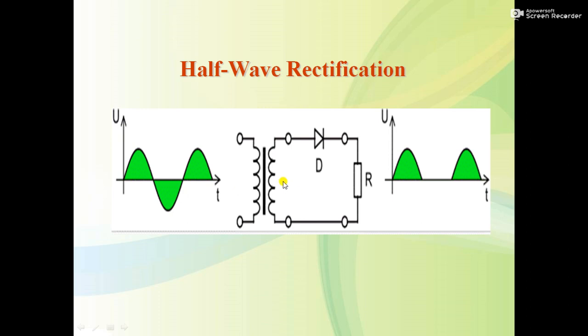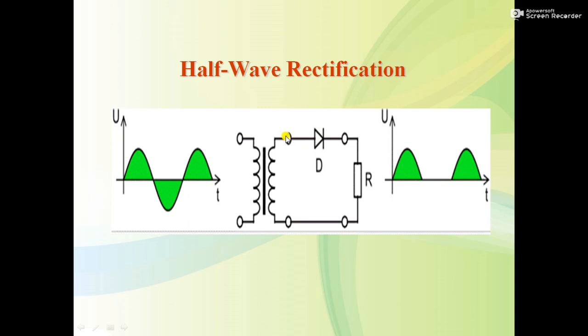After that we get some secondary voltage at this stage, and consider this is positive and this is negative, and you know the polarity of the diode is positive and negative. So the polarity of this node and the diode polarity are both the same.